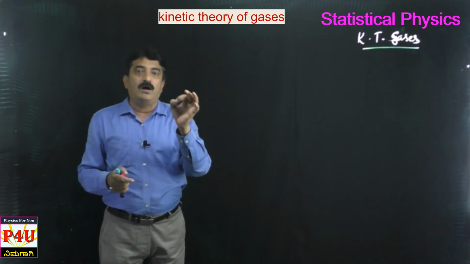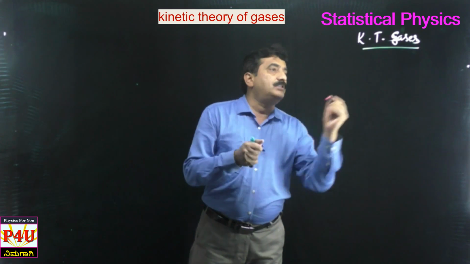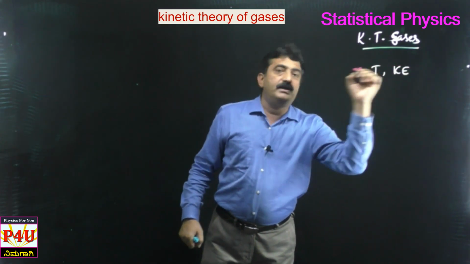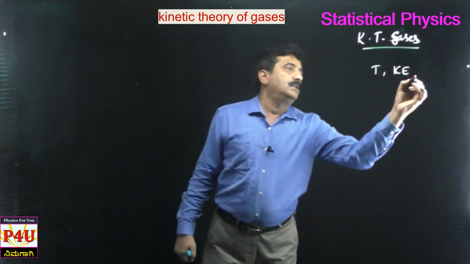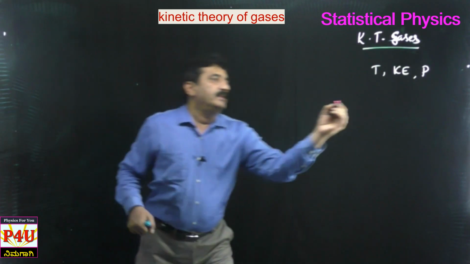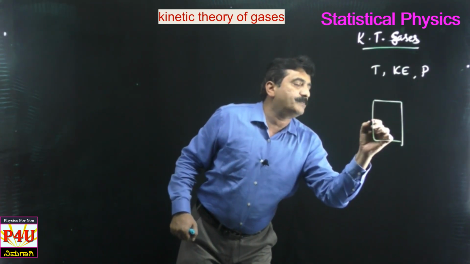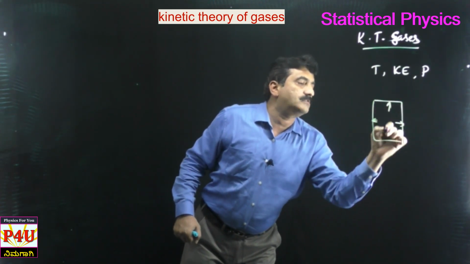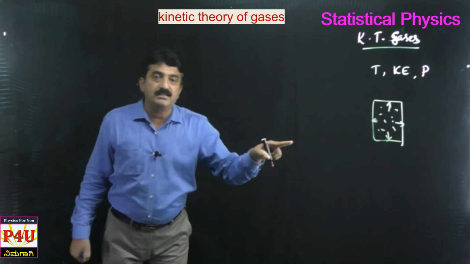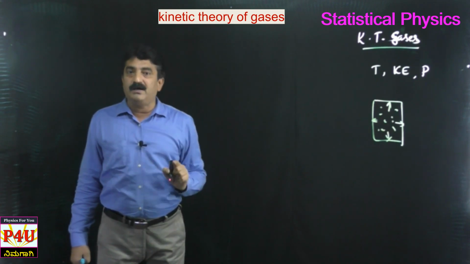We try to answer temperature of the gas, kinetic energy or internal energy of the gas, pressure exerted by the gas on the container. If this is a container, how much pressure is exerted on the walls by the gas molecules in terms of their velocity, that is called RMS velocity.